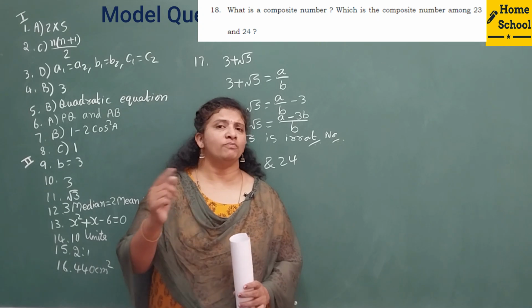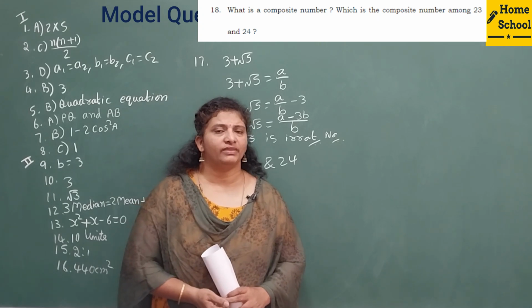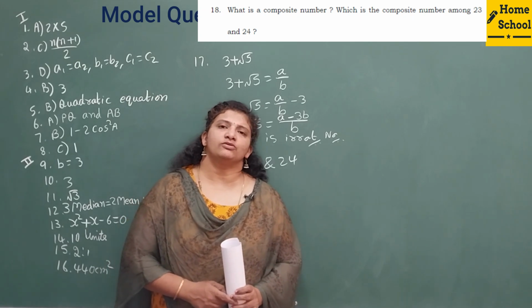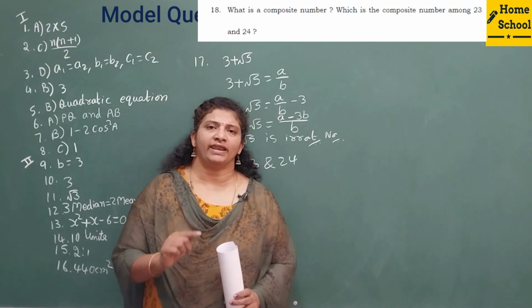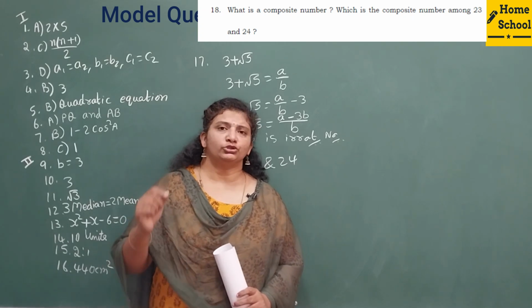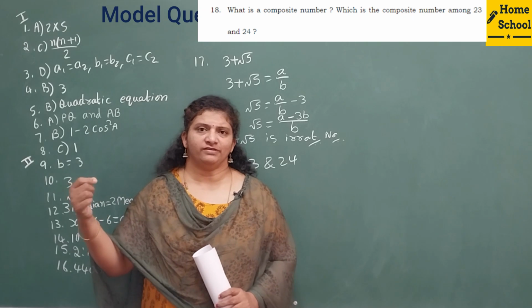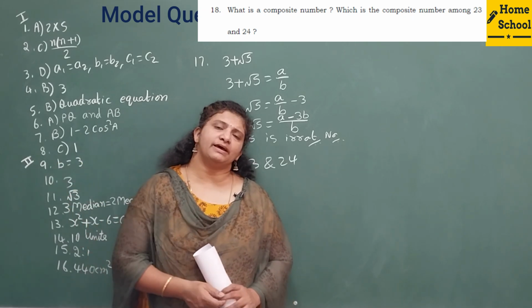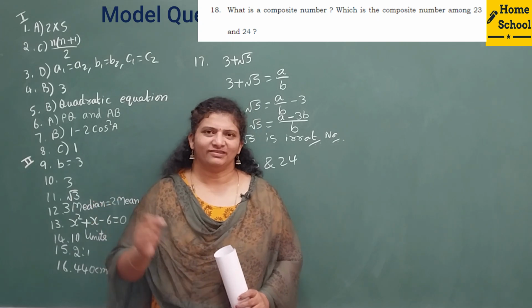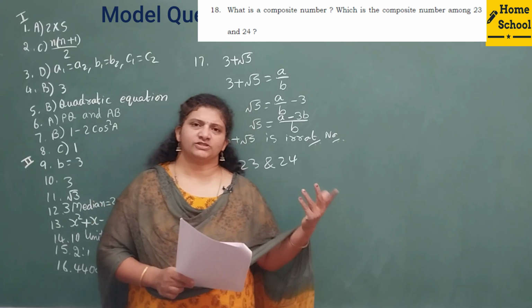Other than composite numbers, what do we call them? We call them prime numbers. Prime numbers are those numbers which are divisible by 1 and itself. Examples for prime numbers, 2, 3, 5, and so on. For composite numbers, 4, 6, 8, and so on.